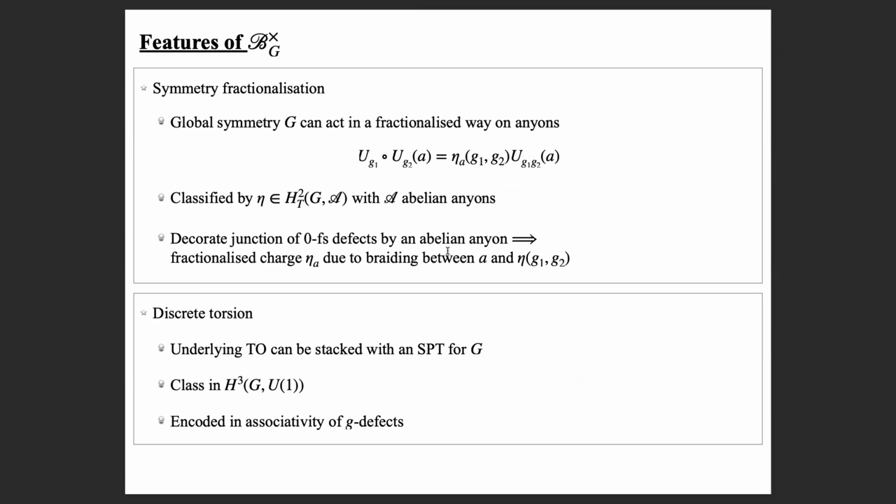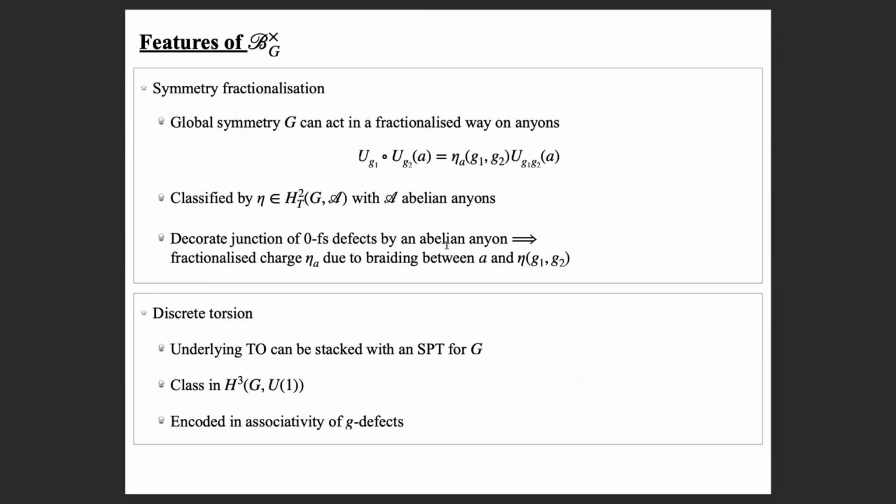This is classified by this cohomology class, where A is the group of abelian anyons. Physically, the interpretation is that you're decorating the junctions of zero-point symmetry defects by an abelian anyon specified by this cohomology class. Then you can see this fractionalized charge as due to the braiding between your anyon A and the anyon you're decorating the junction with.